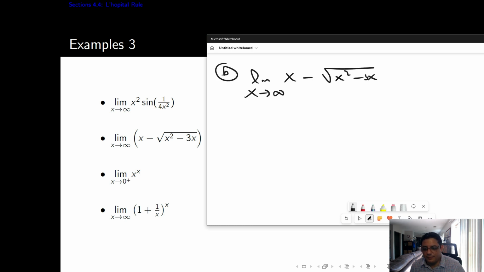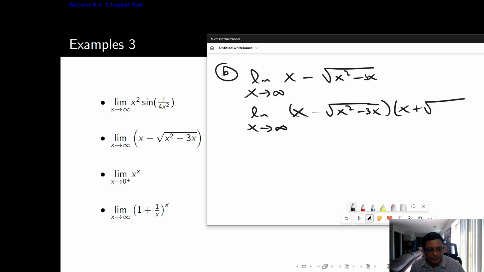The best way to approach this is probably to use the conjugate, since I don't have another way to multiply or do anything special with it at this point. So I multiply by x plus this, up and down.